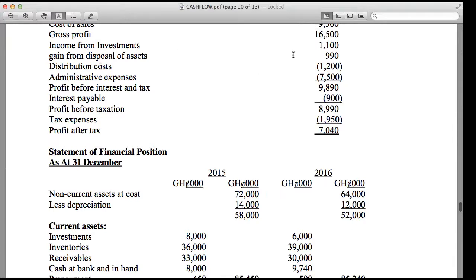So to avoid oversight, go to the P&L, check if there's any other income there, and check if they've received it during the year, then you bring it there. So that's 1,100 investment income, right?